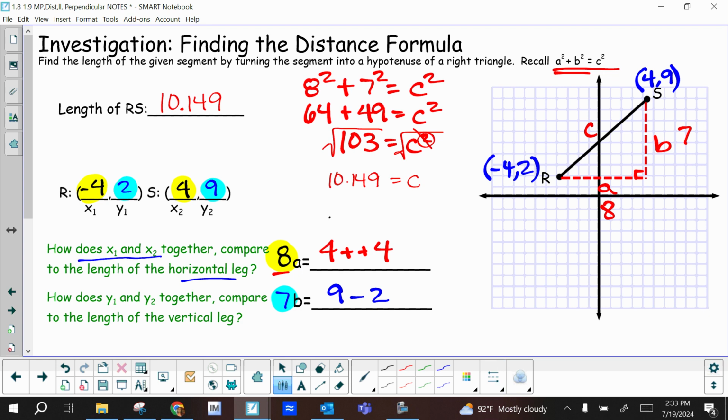We took X2 and we minused X1. To get leg B, we took Y2, which was the 9, and we minused Y1. So we're going to use this right here in the formula to figure it out. That way we know all we've got to do is plug in coordinates X1, Y1, and X2, Y2.